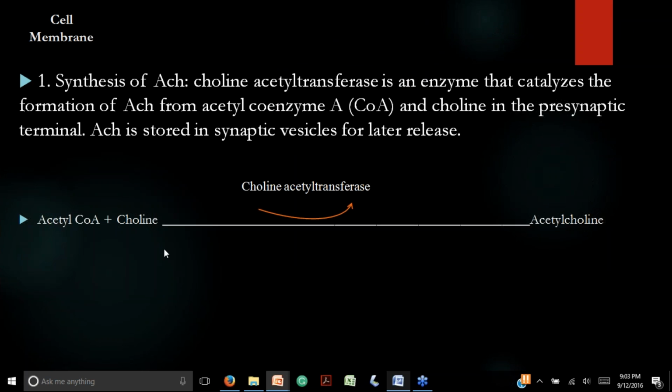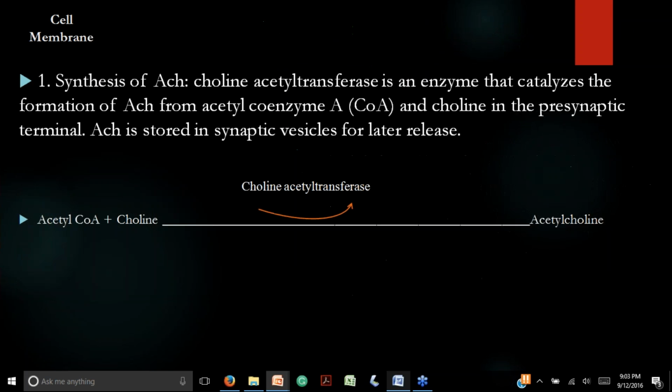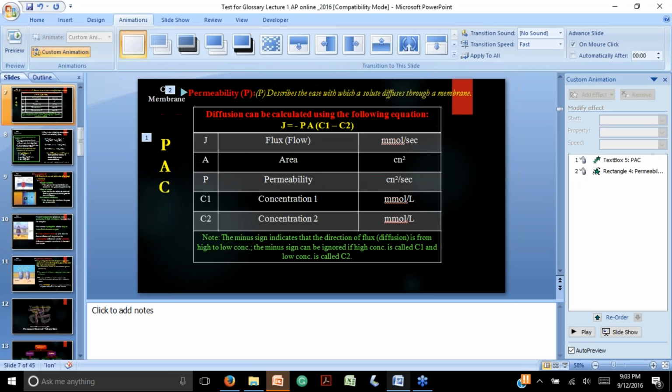Some of this acetylcholine is going to be transformed into acetate and choline. This acetate and choline are going to be recycled in order to get back into the terminal axon. Okay, so I think I was trying to cover everything.